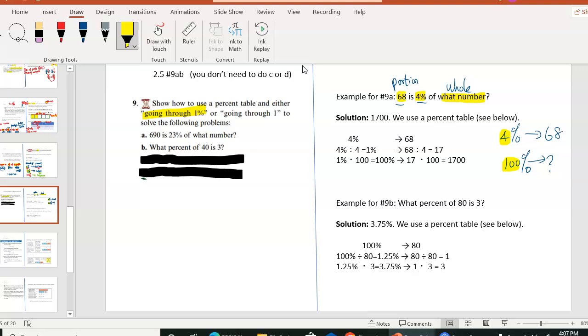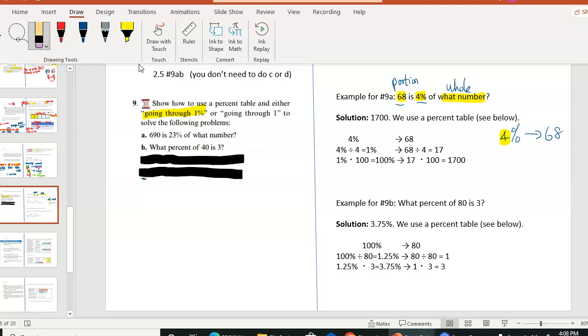I mean, technically there are different ways. For example, because 4 actually goes into 100, if I want, I just multiply 4 by 25. That gives me 100. So I should multiply 68 by 25 to get 1700. So I can get the answer in one step. But since the question asks us to use going through 1%, we're going to add an extra step.